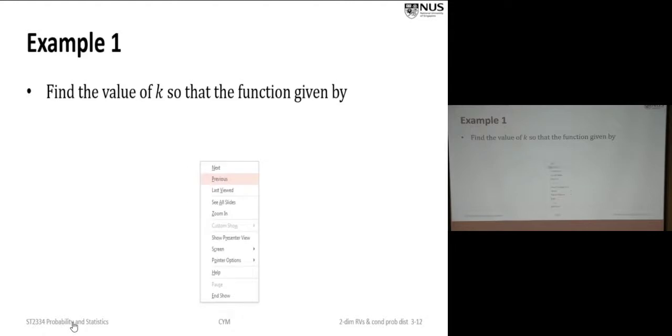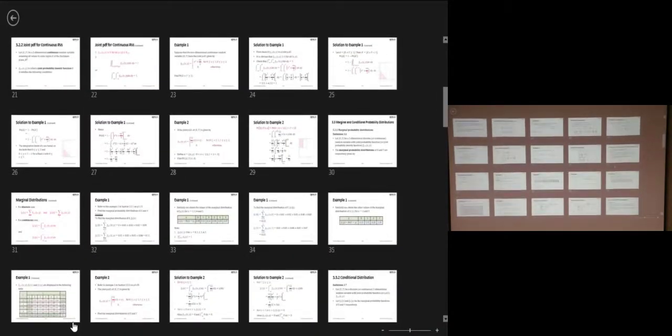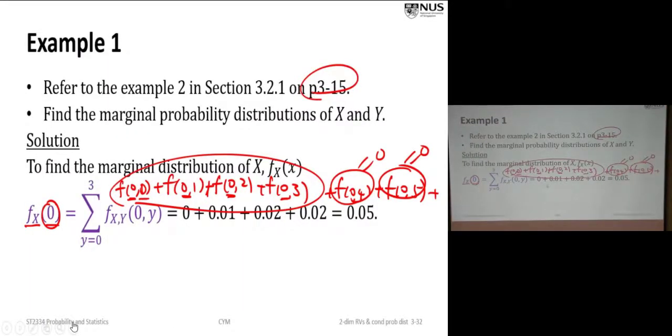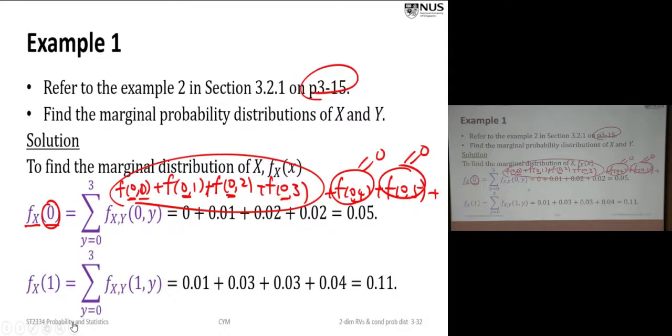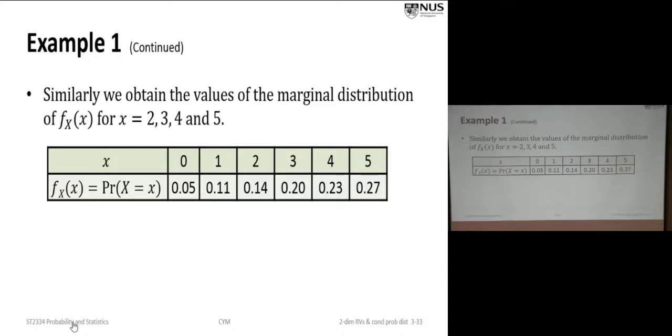Okay, so this is for f of x at 0, and you have to compute it for all possible x values. So for f of x when x equals 1, when x equals 2, and so on. So this is the marginal distribution of x.